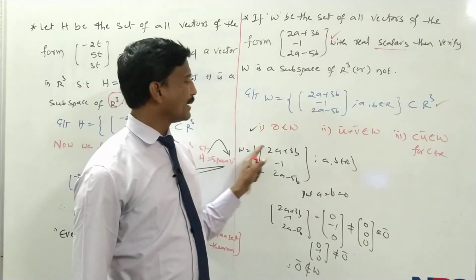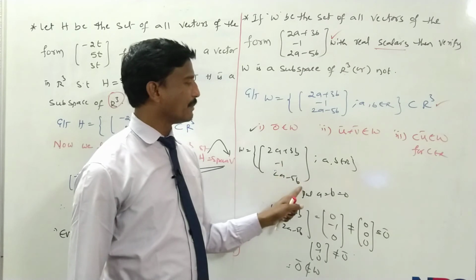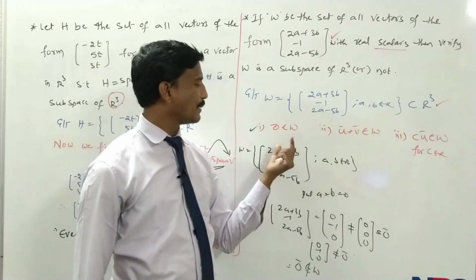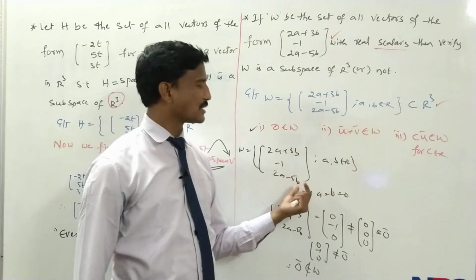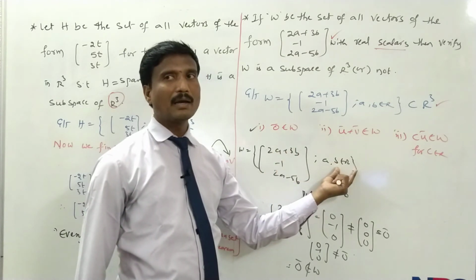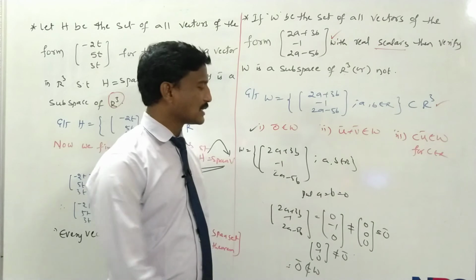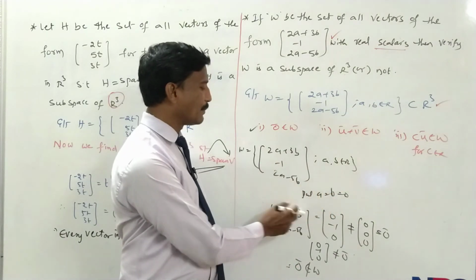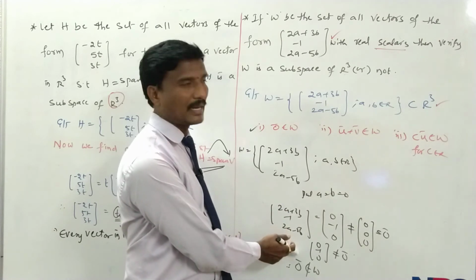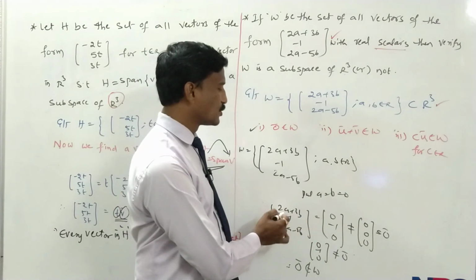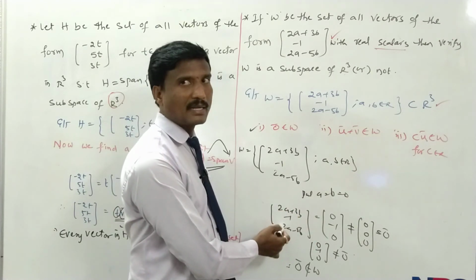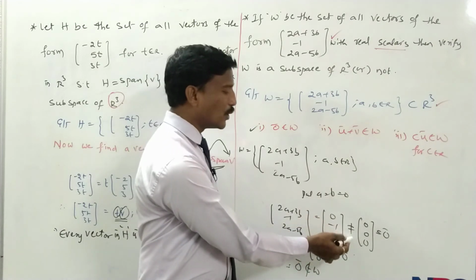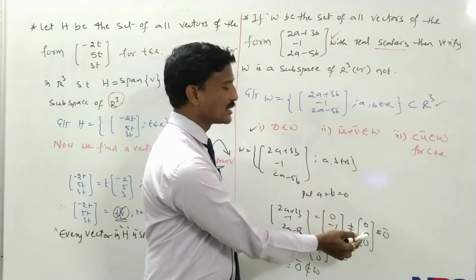All vectors in W are in the form (2a + 3b, -1, 2a - 5b), where a, b are real numbers. Suppose we put a equals 0, b equals 0, then what does it become? With a value 0 and b value 0, we get (0, -1, 0), which is not equal to our zero vector (0, 0, 0).